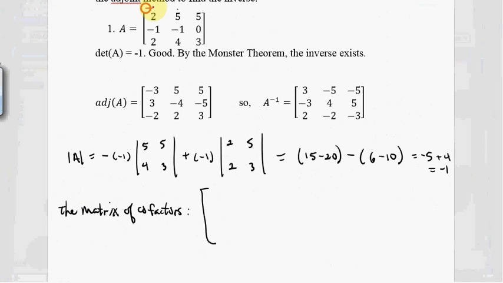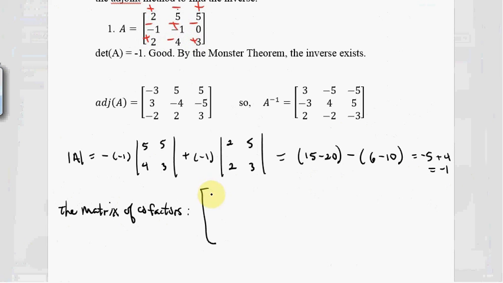And the signs we're talking about are plus, minus, plus, minus, plus, minus, plus, minus, plus.